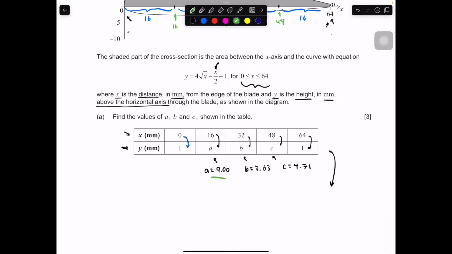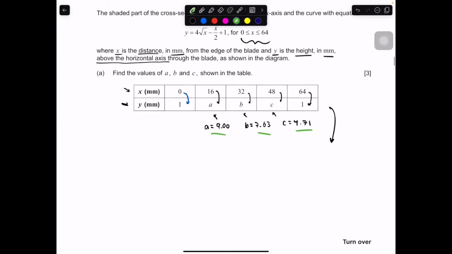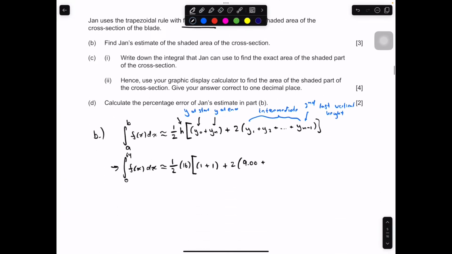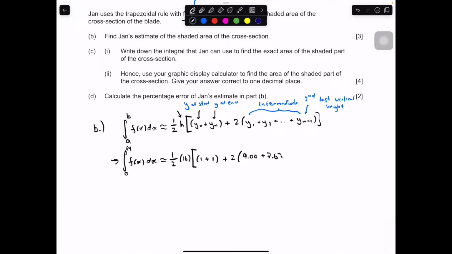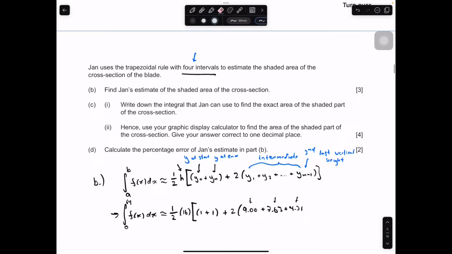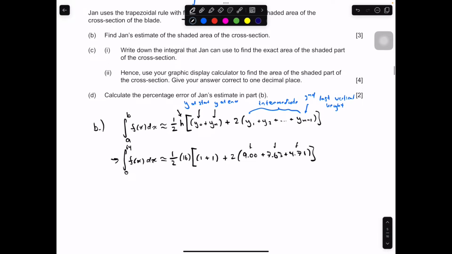We found these values earlier, so we'll plug those in as well. 2 times, and this is going to be 9.00 plus 7.63. And I believe this last one was 4.71. So these are the intermediate values. So this was at 16, 32, and 48. There we go. And we can close our brackets.